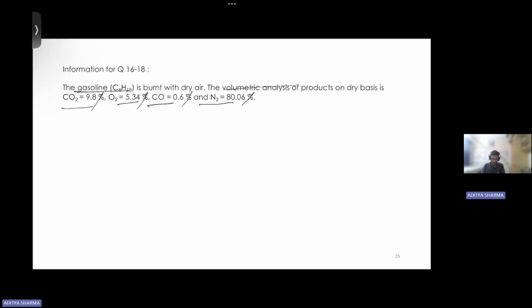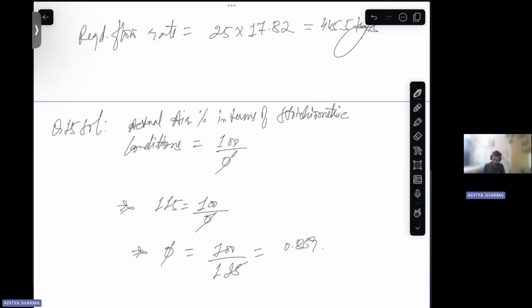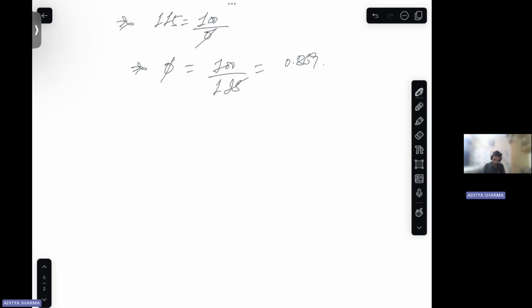And then what we will do, we will try to balance the equation, and based on this, try to solve the question. So information on question number 16 to 18. Okay.